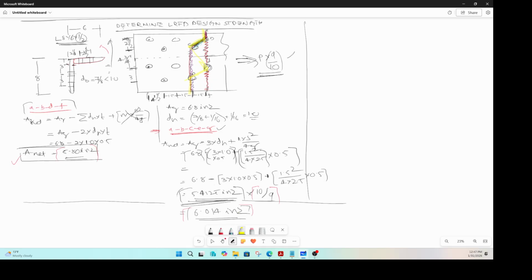So if the failure plane is that, how do you calculate your net area?